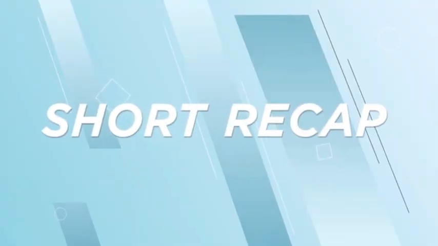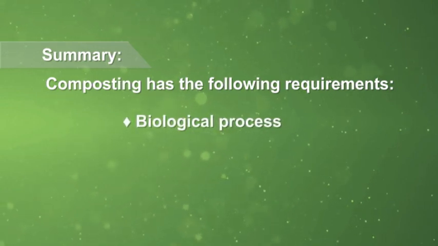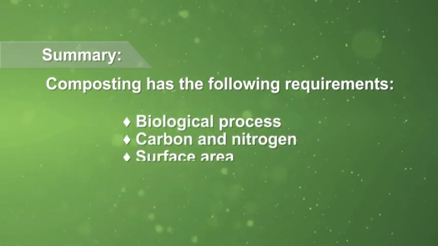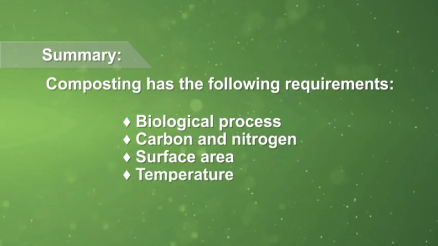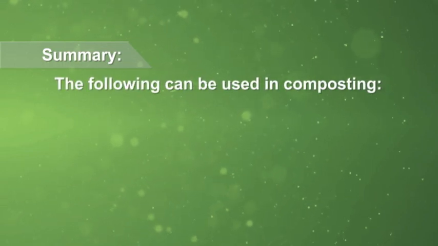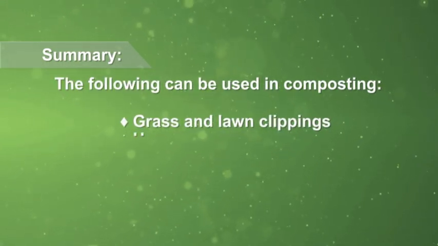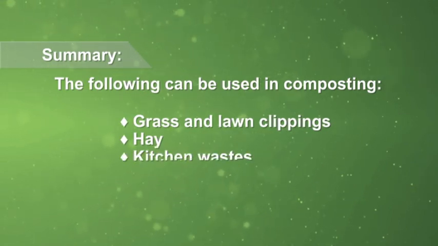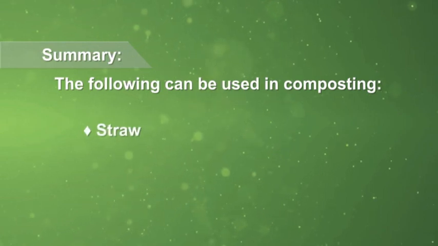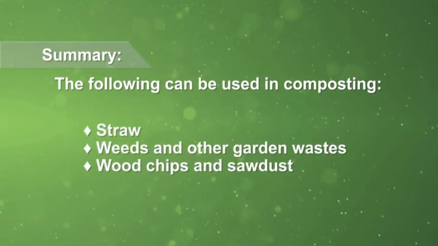Let's remember, composting has the following requirements: biological process, carbon and nitrogen, surface area, temperature, moisture and aeration. The following can be used in composting: grass and lawn clippings, hay, kitchen waste, leaves, manure, straw, weeds and other garden waste, wood chips and sawdust.